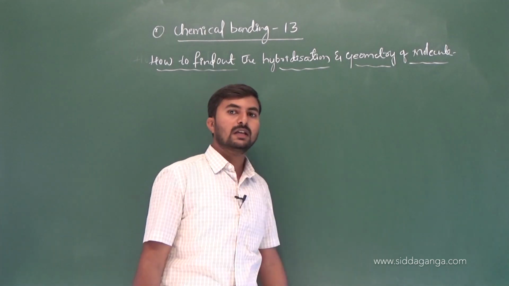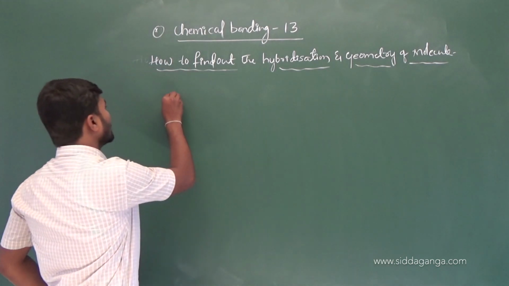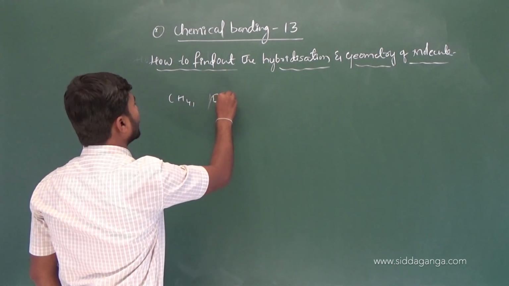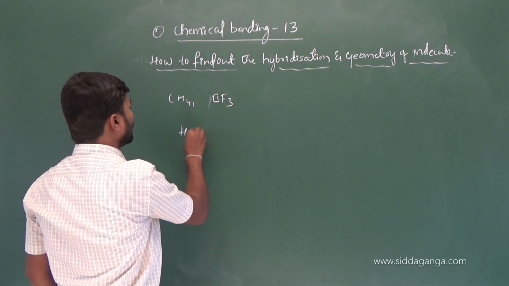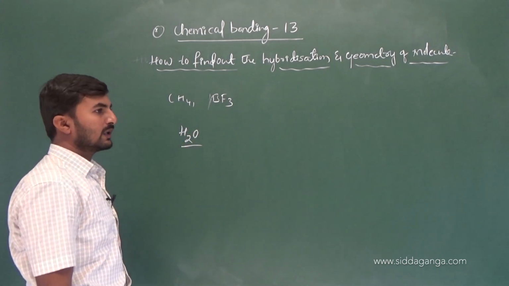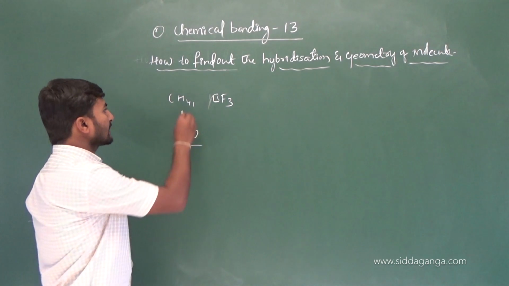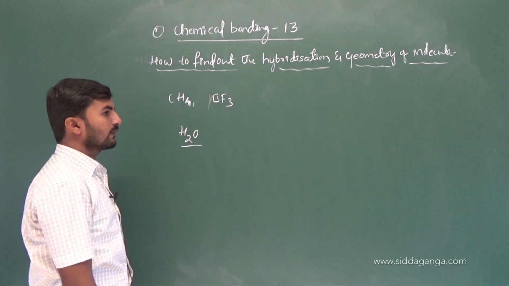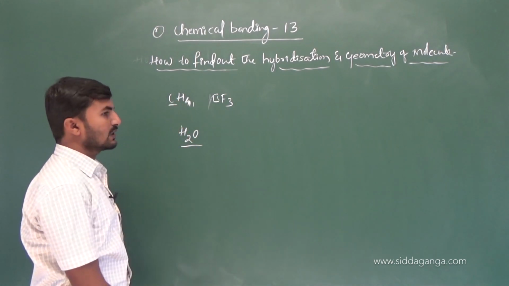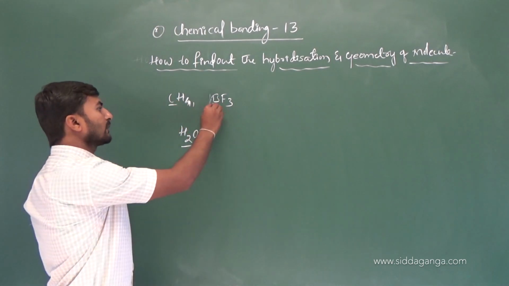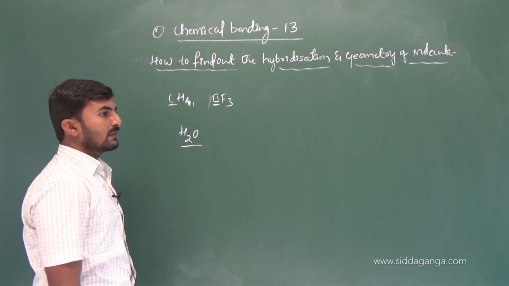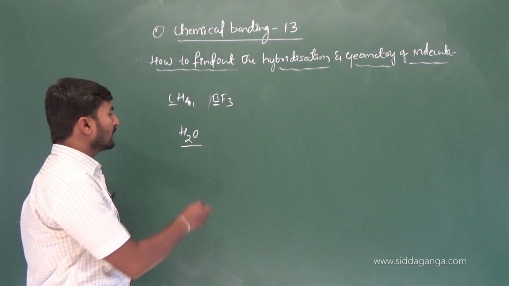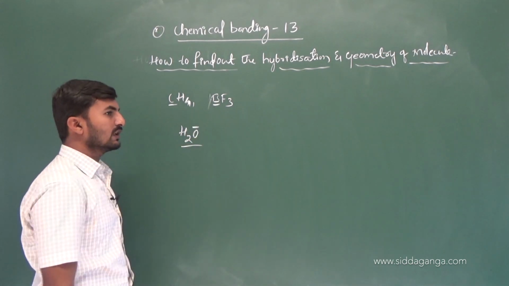Suppose they have given some examples like CH4, PF3, H2O, in which they ask how to find out the hybridization of the carbon atom in the CH4 molecule, followed by what is the hybridization of boron in a boron trifluoride molecule, followed by what is the hybridization of oxygen in the H2O molecule.